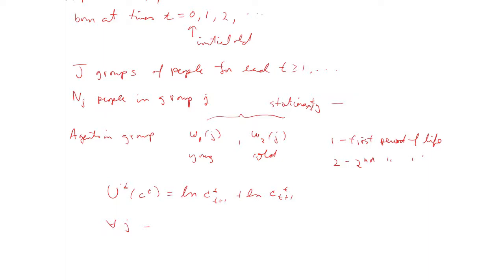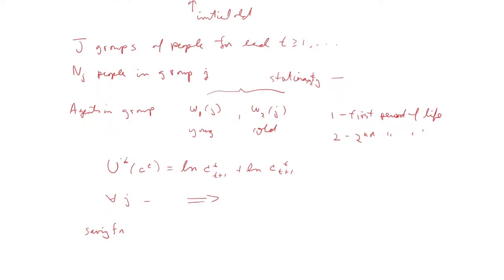So what this structure is going to imply is there's going to be a saving function that we can get as we did before. We computed the saving function in our last lecture. The saving function, which I'm going to write for person of type j, R_t is going to be the rate of return between time t and t plus 1.